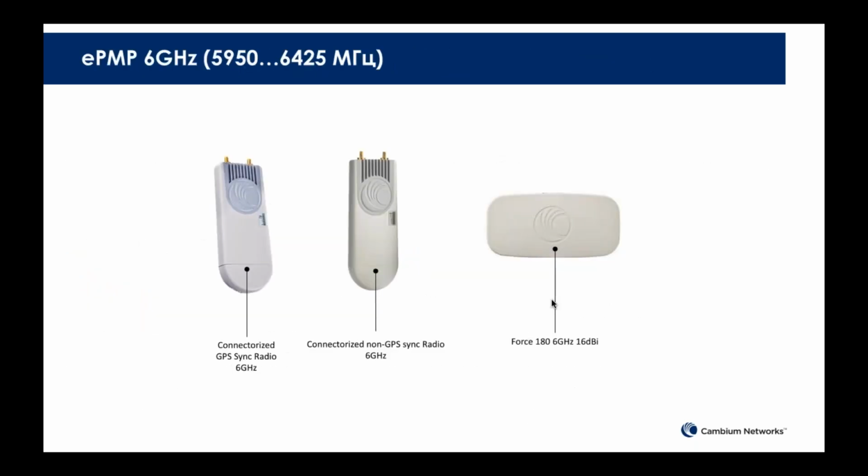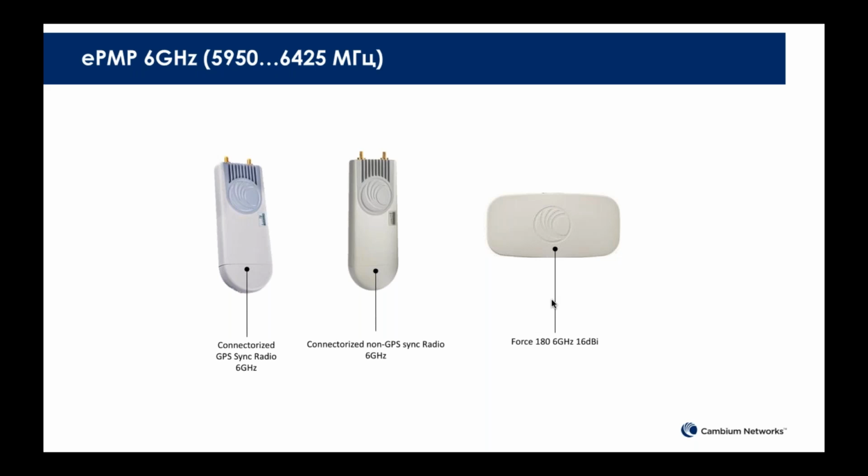Okay, the next thing very few people know, but recently we introduced the ePMP in the 6 GHz range. In most countries it is a licensed band, and for our customers in the United States it is licensed mostly for microwaves, but in some parts of the world, especially in Eastern Europe, it can be a very popular frequency range.